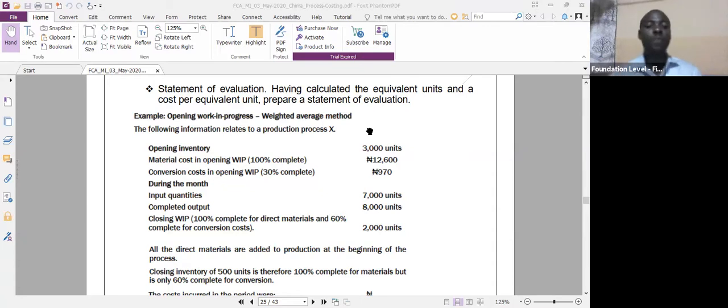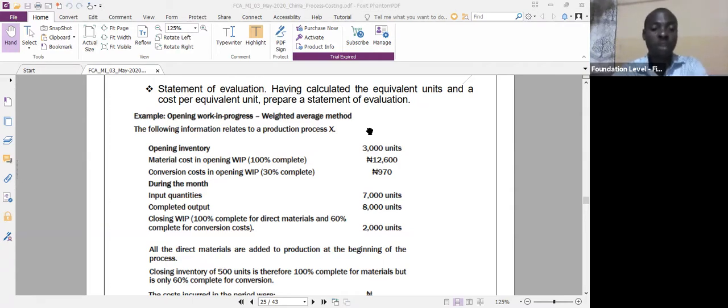We have 3,000 units that are opening inventory. And the material costs in the opening inventory, we spent 12,600 in the material that are involved in those 3,000 units. And in the conversion cost, which is 30% complete, we've spent 970 naira so far inside the 3,000 units.